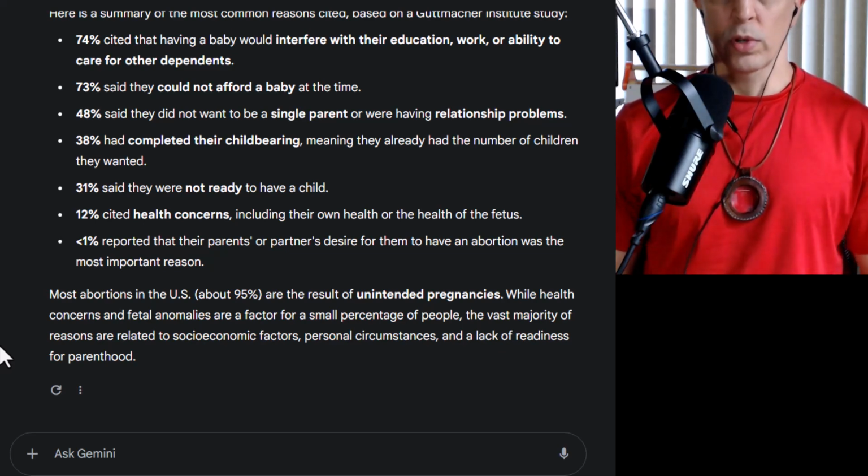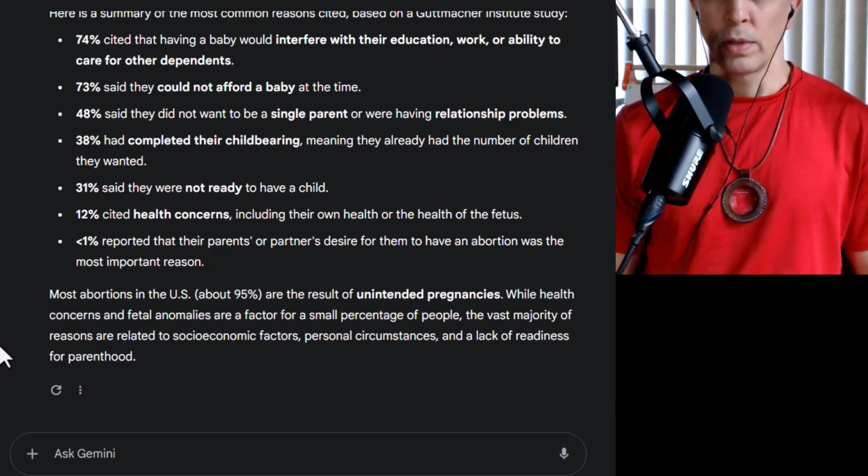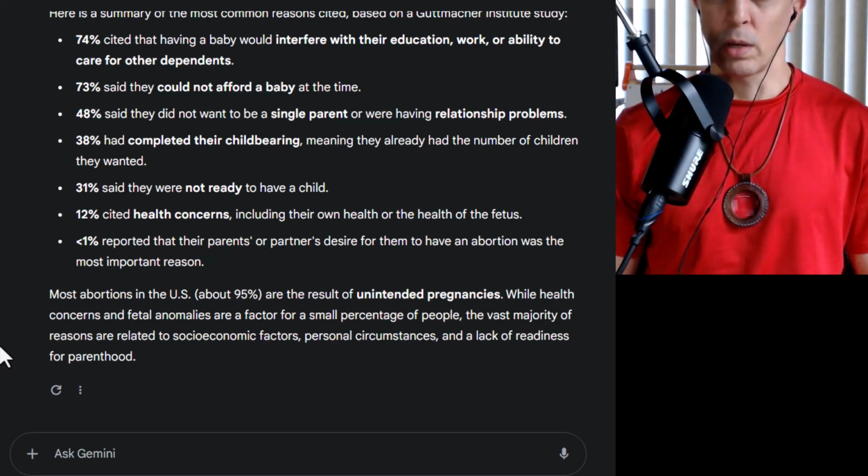And even where it says the 12% cited for health concerns, including their own health or the health of the fetus, they can just be saying that and it not be true. Now, if you're going to murder your baby in the womb, could you be a liar too? If you're somebody that could be irresponsible and immoral, wouldn't that mean you can be a liar just as easily as being that murderer?